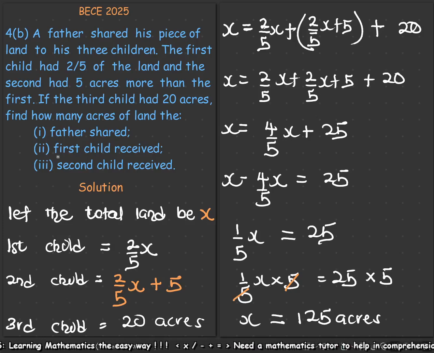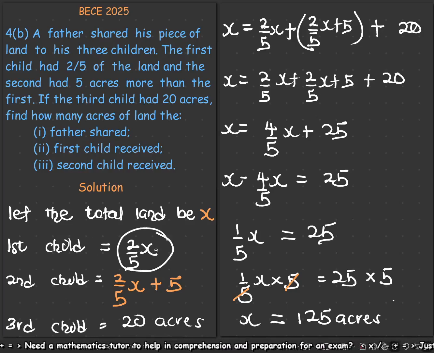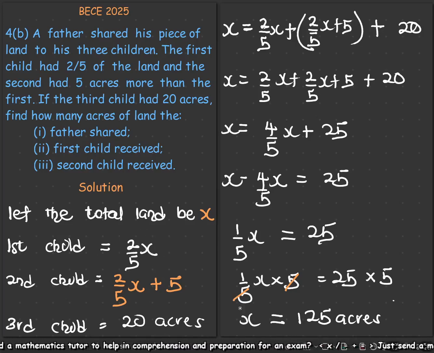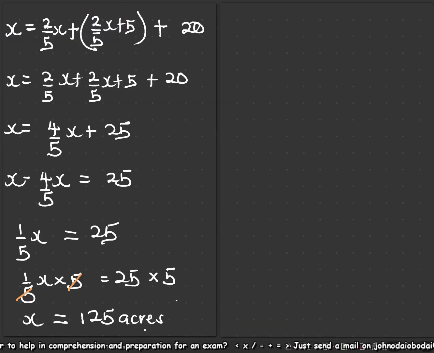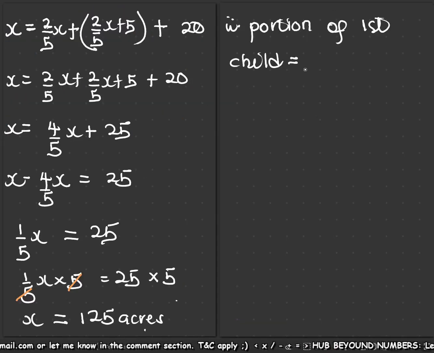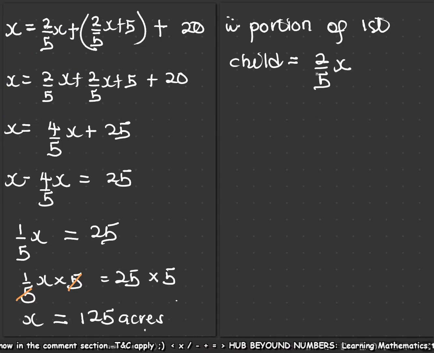Now the second one says we have to find how much the first child received. If you remember, we said the first child should be 2/5 X. So for the first child, the portion is going to be 2/5 X, but we have said X is 125.